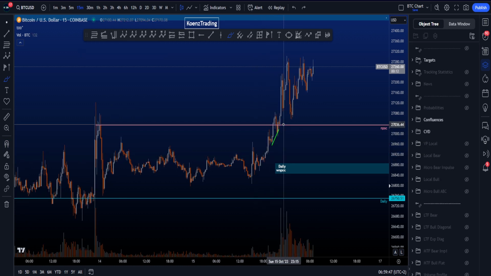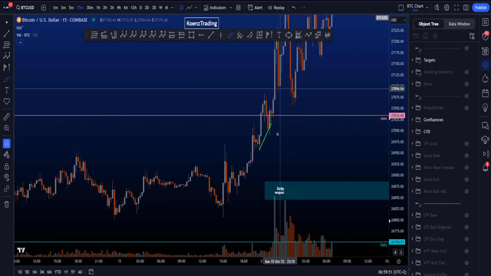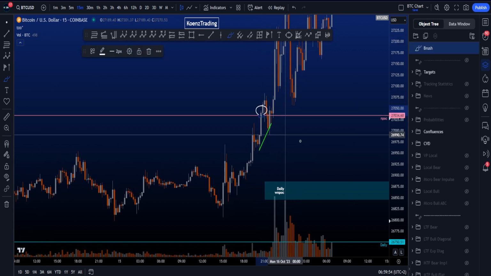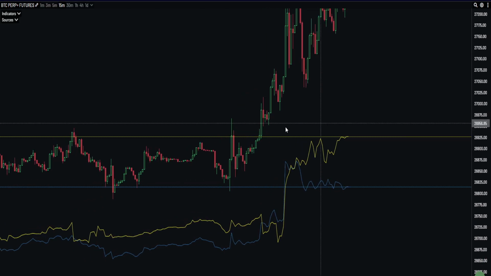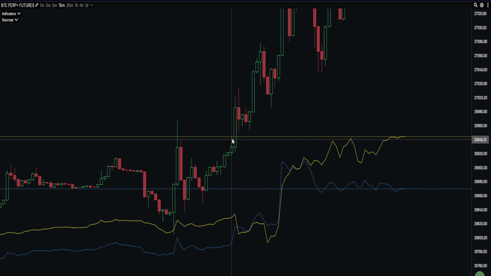Price moved to the upside, hit the naked point of control, and then it's all about observing the reaction. Well, first of all, price over here closed the candle above the naked point of control and then moved down. But then we saw the bullish CVD divergences over here as well. So this is over here going towards the point of control. This candle closes above that naked point of control, and this is the retest.